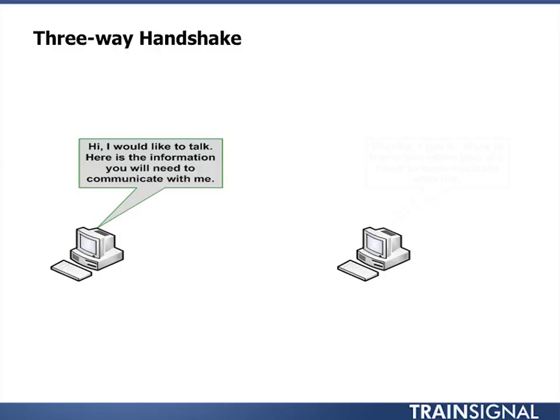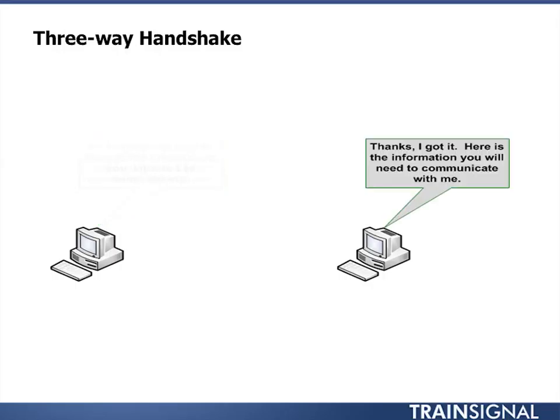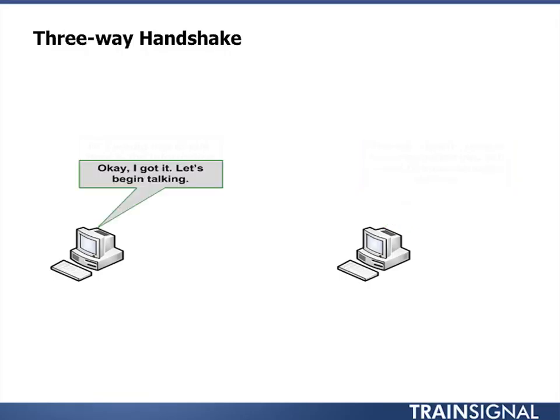Part 2 of the three-way handshake is the other computer receiving that information and replying back, "Thank you, I got your information. Now here is the information you will need to know about me in order for us to have communication." The third part is the initial computer saying back, "Okay, I got your information.